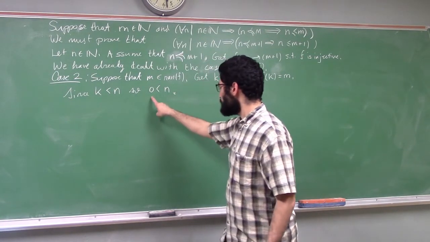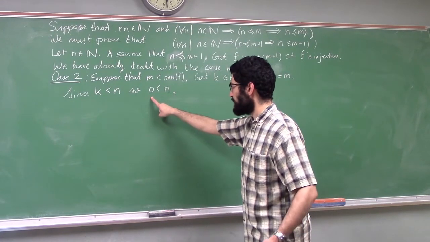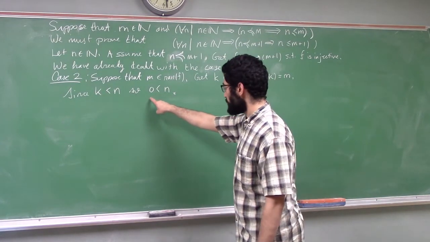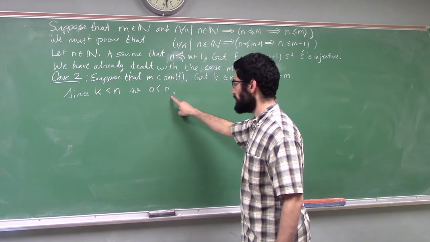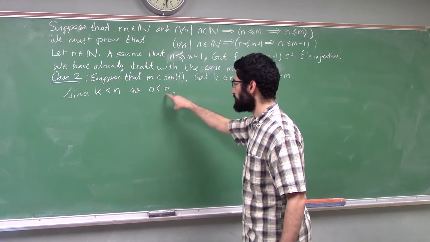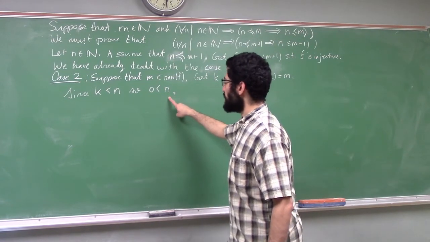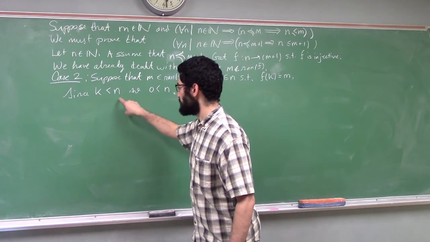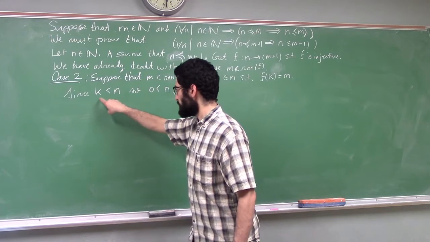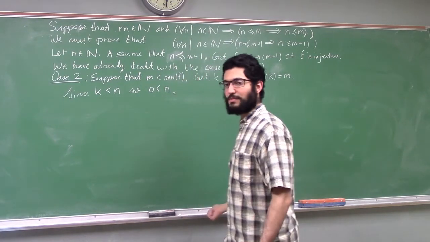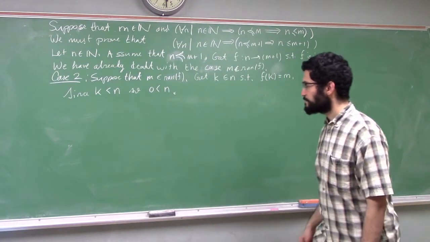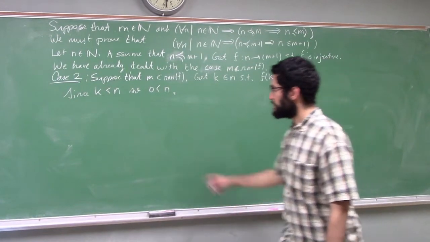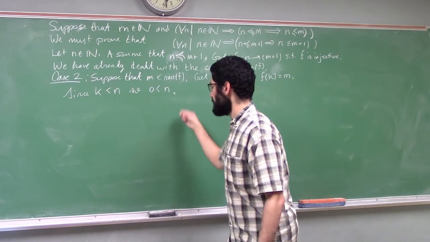We know from our theorem about 0, the properties of 0, that 0 is less than or equal to any given natural number. So 0 is less than or equal to n. It cannot be equal to n, because there's something less than n. So if 0 were equal to n, then k would be less than 0. And we also know that can never happen from our properties of 0. Okay, so 0 is definitely less than n.